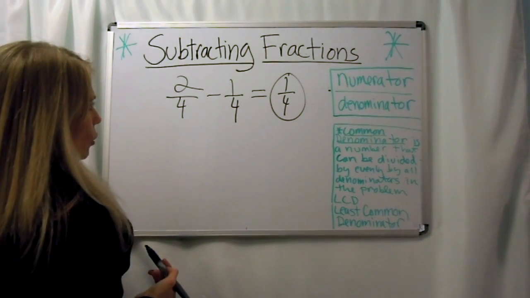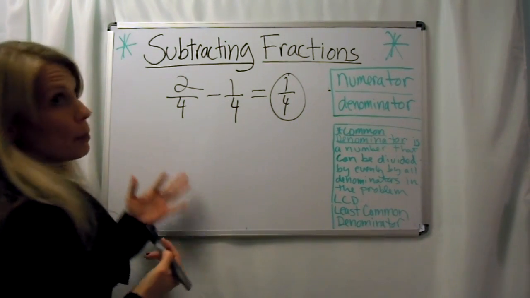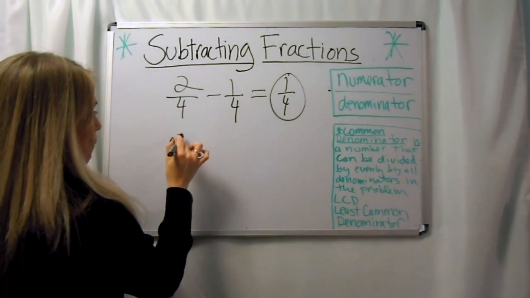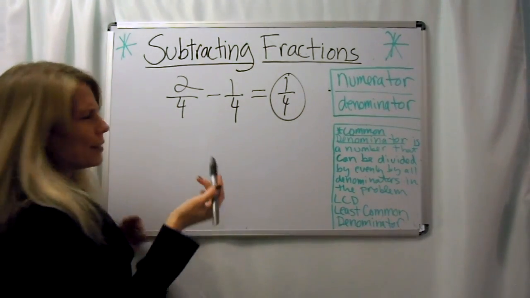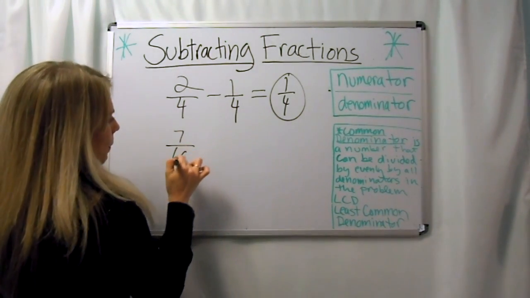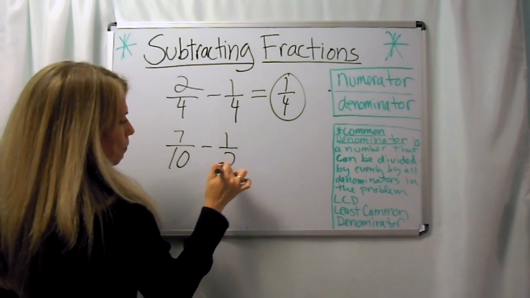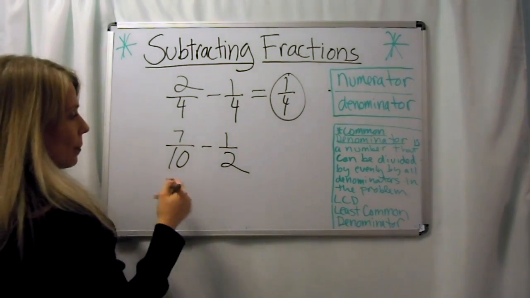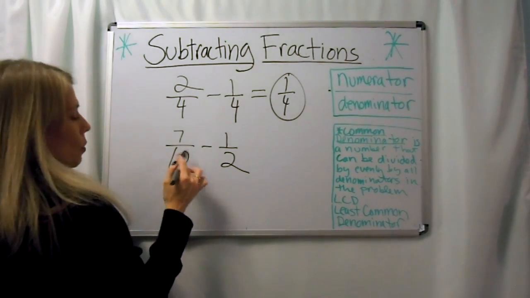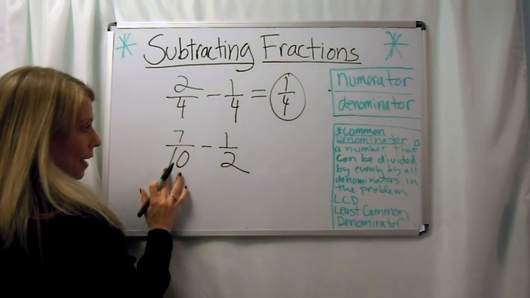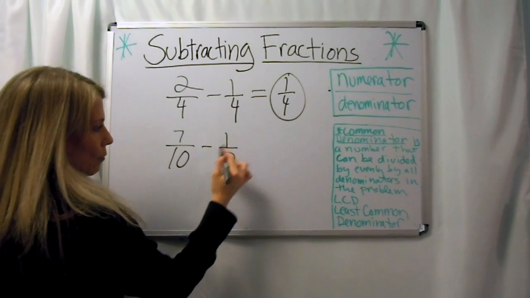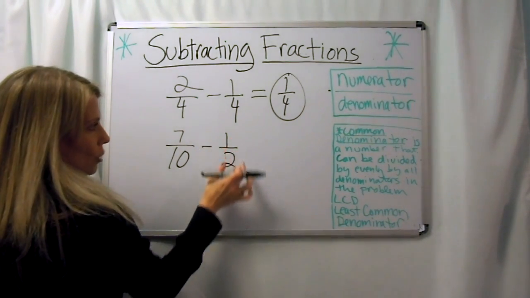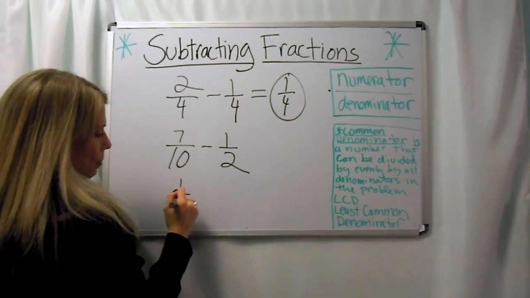Let's look at a situation where the denominators are different. So if we have, let's say, 7/10 minus 1/2, these are different, so we have to find our least common denominator, which here is going to be 10. We can leave that one alone, and we just have to change the 1/2 to be in terms of tenths.